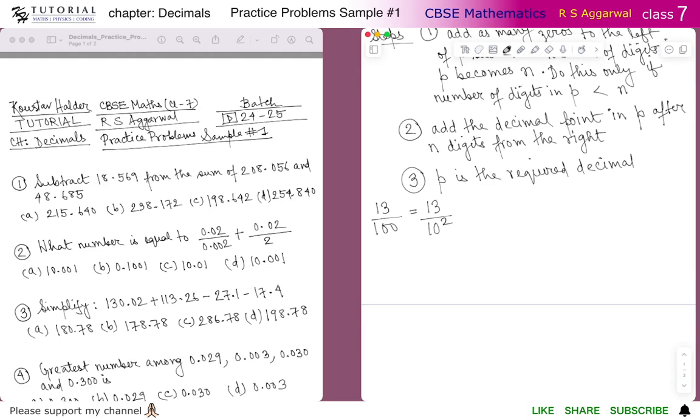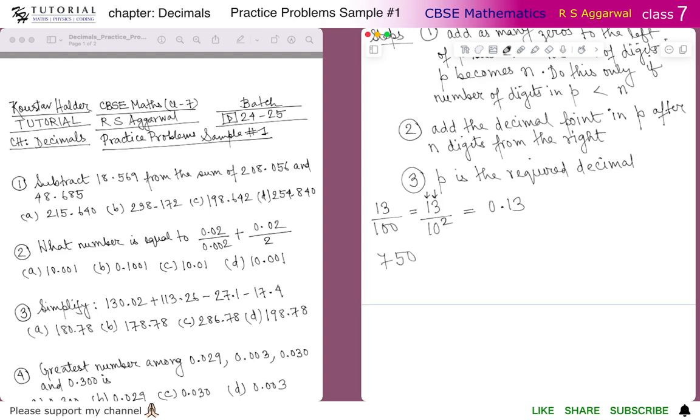So, this is 13 by 10 square. We already see that the numerator has 2 digits, which is equal to n here, which is 2. So, we need not add any zeros to the left of the numerator, and we now simply add the decimal point 2 digits from the right in the numerator. So, this becomes 0.13.